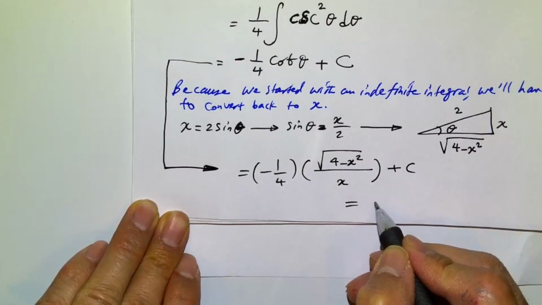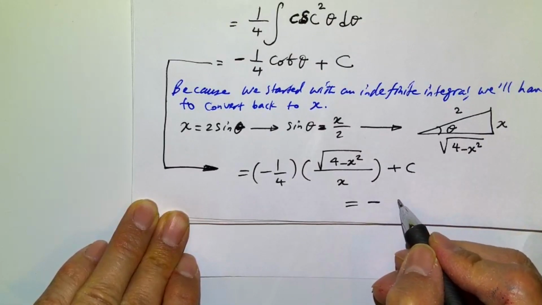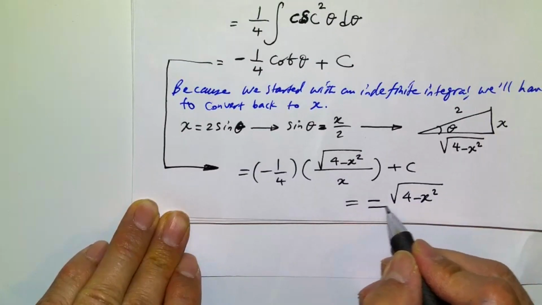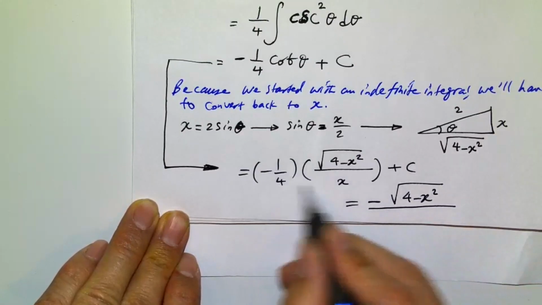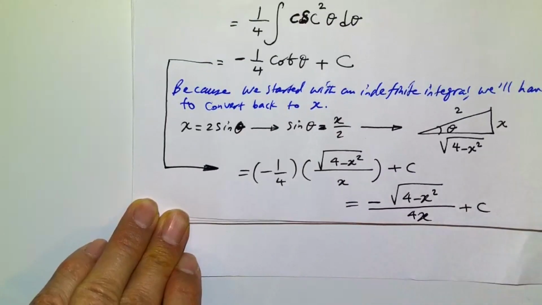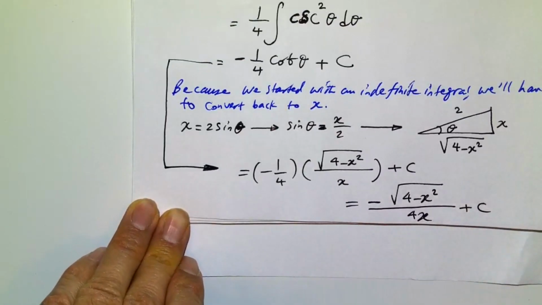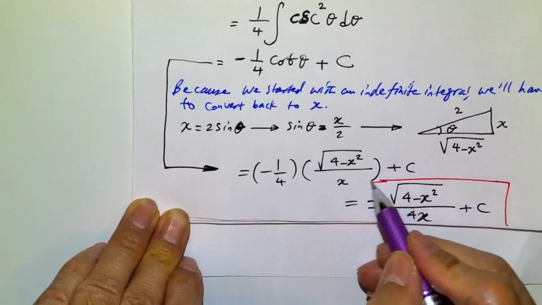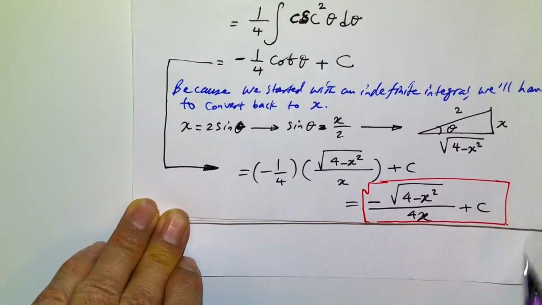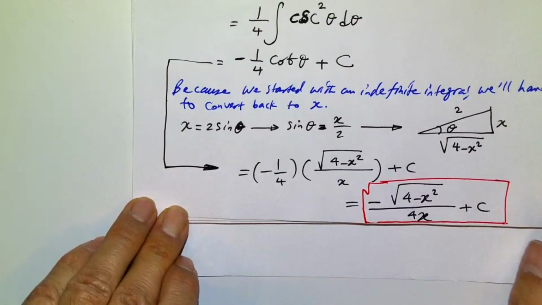This is minus all of that, square root of 4 minus x squared divided by 4x, plus c. And that would be the final result of this antiderivative. Okay?